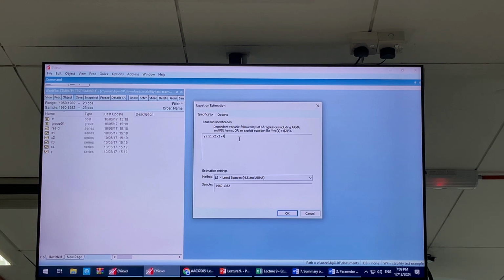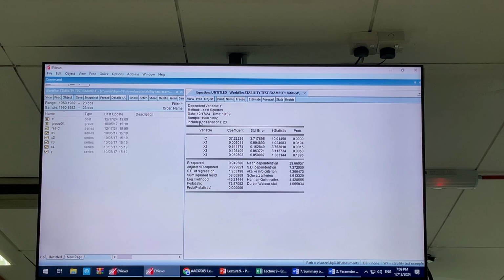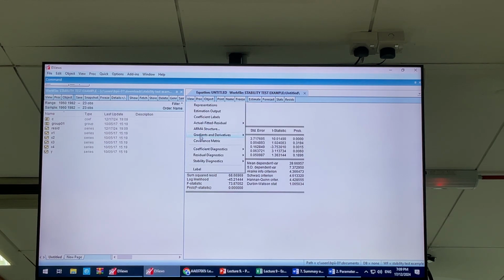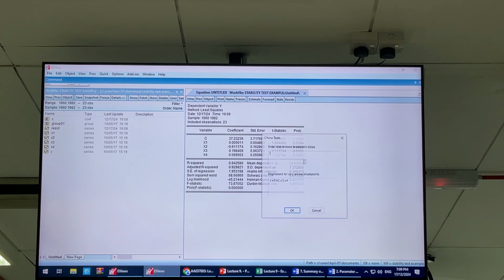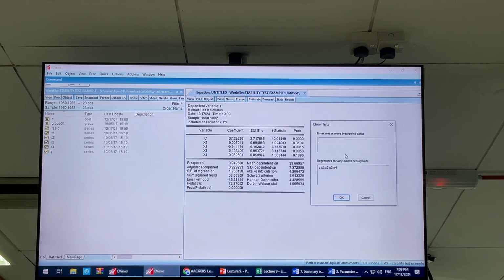Now, to refresh what we did before, we estimate the model and perform the Chow test. You go to View, Stability Test, Chow Breakpoint. Some of you asked me through email how to decide the breakpoint date. It is the first point in the second subsample.